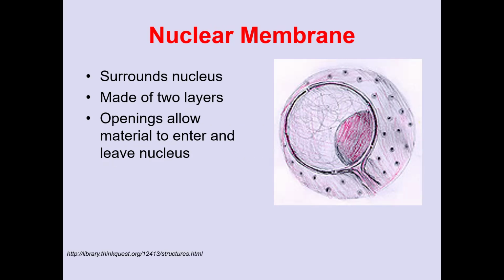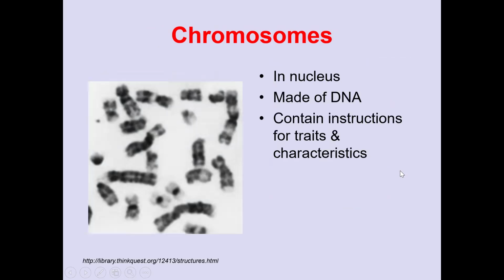And the nuclear membrane surrounds the nucleus, and it's made up of two layers, and it has openings that allow materials to move into the nucleus and come out of the nucleus. So typically this is how the nuclear membrane looks like, with the pores, the openings at the nuclear membrane.